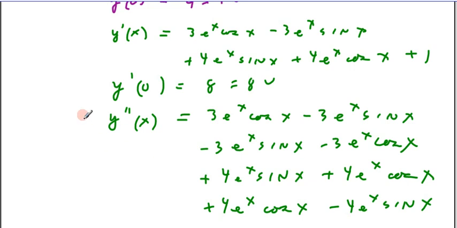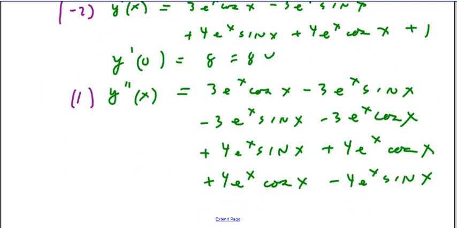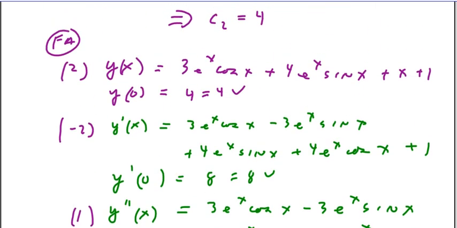Alright, so I've got one of these guys, and I got minus 2 of that guy, and I have 2 of these guys, and when I get done, I'm supposed to have 2x. Okay, here we go.